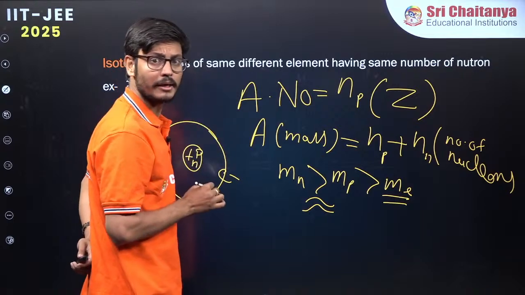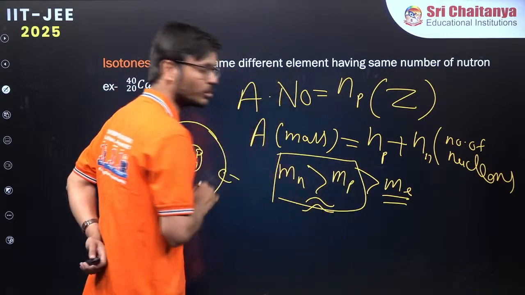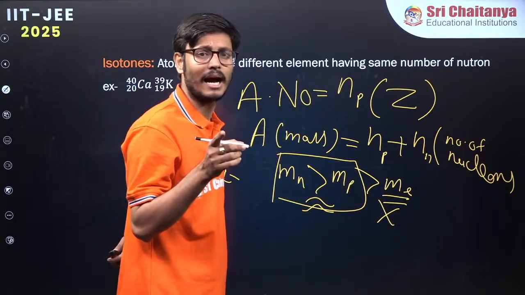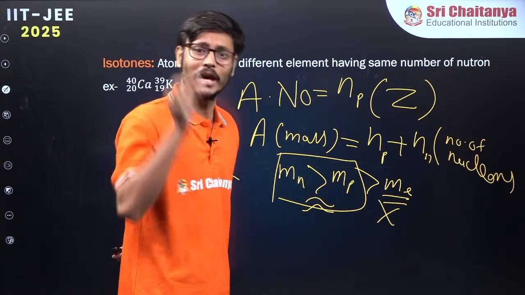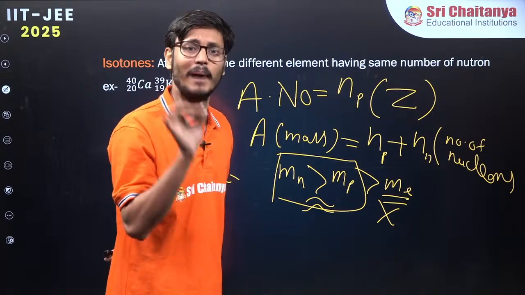So while considering the mass of an atom, we consider only proton and neutron. We don't consider electron, because the mass of electron is very, very less in comparison to the mass of proton and neutron.